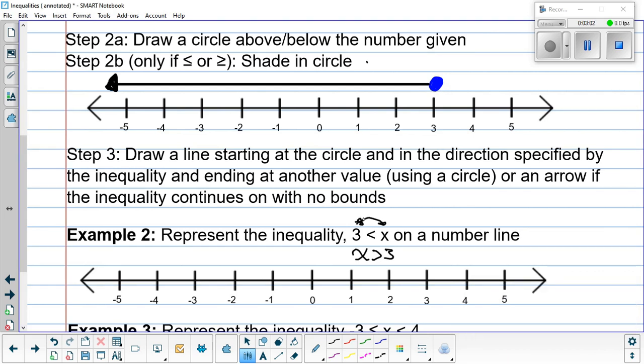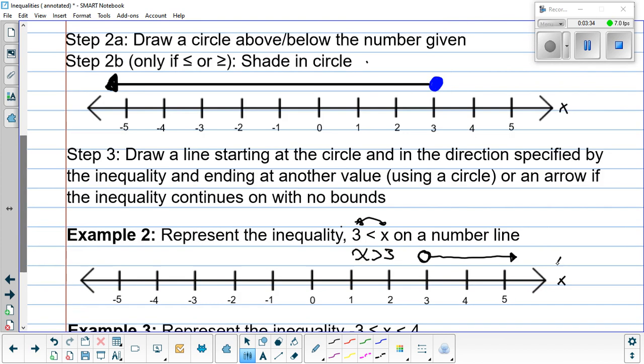If we switch these around, we have to turn this around as well, so notice that it's pointing in a different direction. Here, we're going to draw our circle. It is only greater than, so we're not shading it in. Then we draw our line to the right, where it's going to keep going. One thing that we did not do is label our number line with our x.